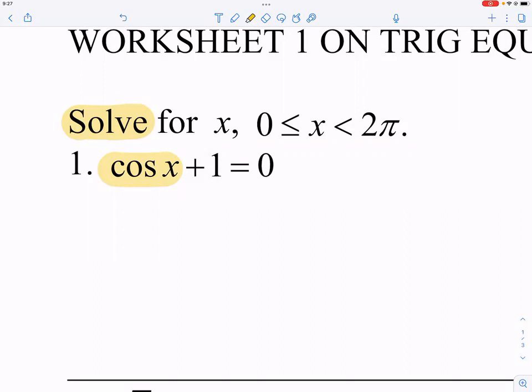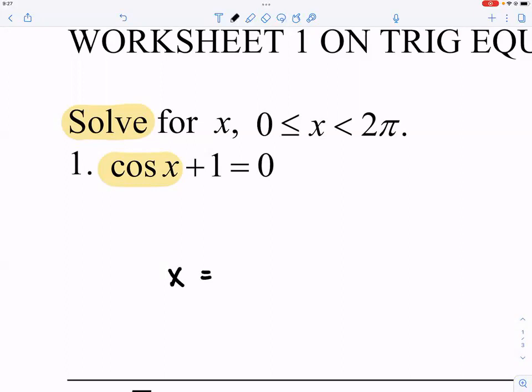So if you say cosine x plus 1 is equal to 0, so cosine x must equal -1, then you can start thinking, what do you know about cosine x? What kind of x value would make it -1?